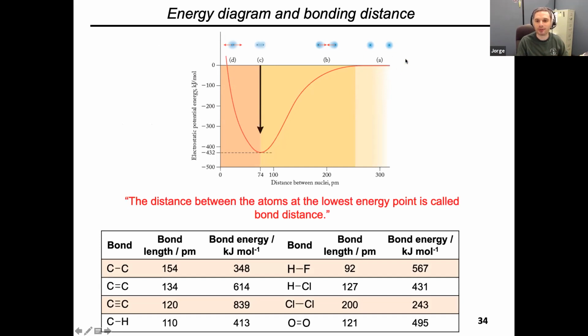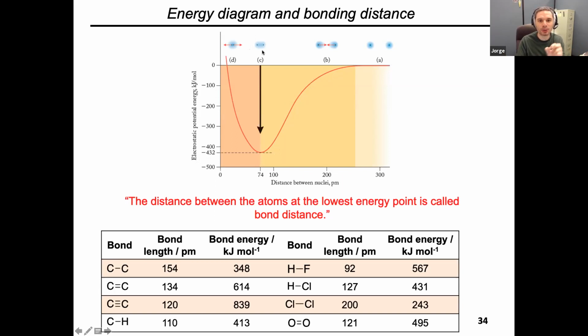Therefore, there is no interaction between the two atoms, and we have a point of energy equal to 0. As the two atoms start to approach, there will be attraction, okay? They want to make a bond here. So there is attraction between the nucleus and the electrons that will start to decrease energy until they get to a point where this energy reaches a minimum.